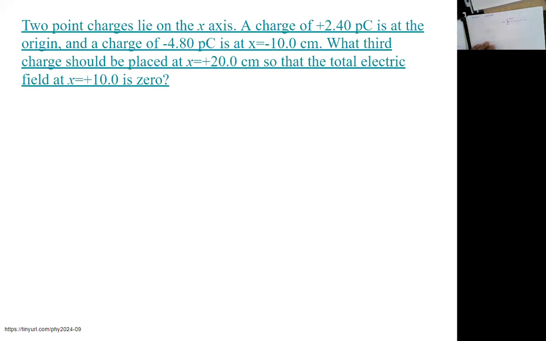And then at x equal to minus 10, somewhere here, there's Q2, a second charge, minus 4.8 pC.